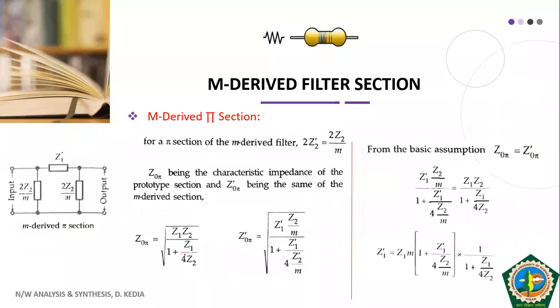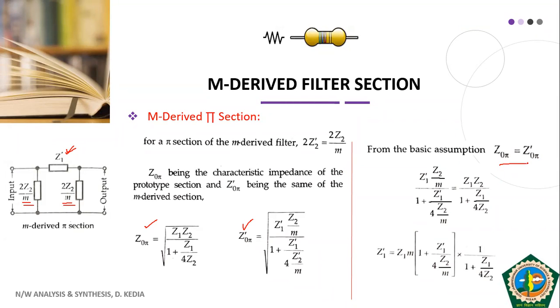Then we have the M-derived pi section. For pi section, as I told you, the shunt arms will be divided by M, and for this we have to obtain the new value of Z1, that is Z1 dash. So again we will carry out the same thing. We will equate the two characteristic impedances, the original one and the modified one.